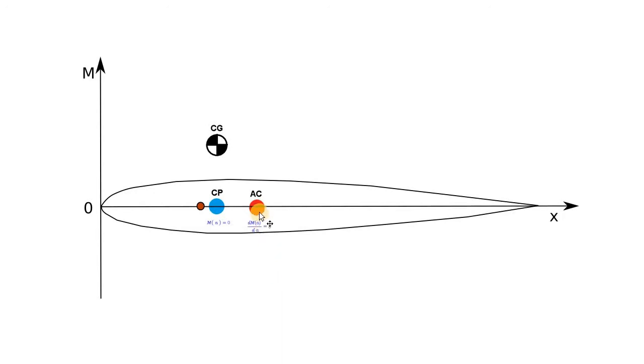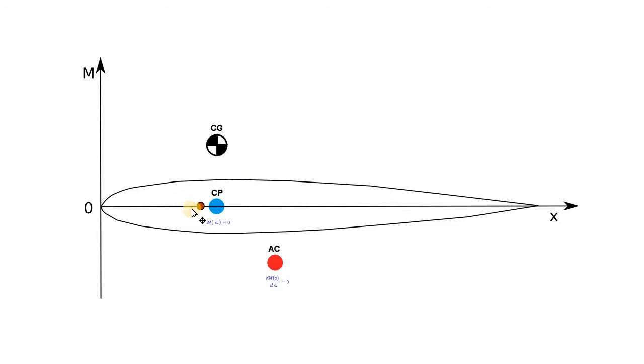Actually, to be more precise, we have to shift this aerodynamic center point from the line where the moment is 0, because usually the moment is not 0 at the aerodynamic center. We have some non-zero value, but this value of moment stays constant, so we can change the angle of attack, but the moment is not going to be different, the same value.